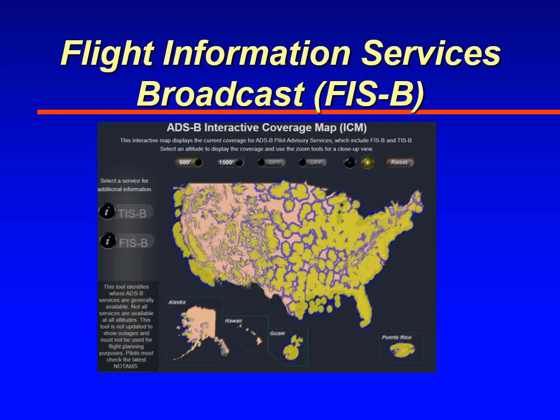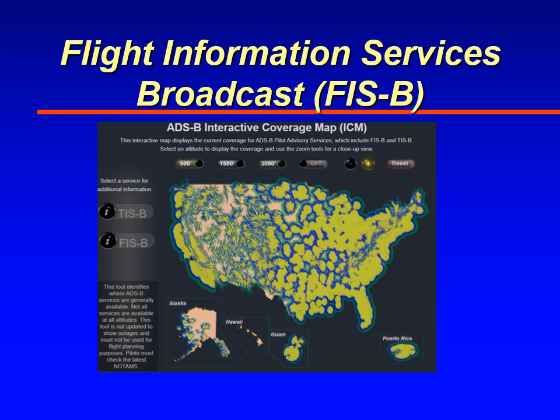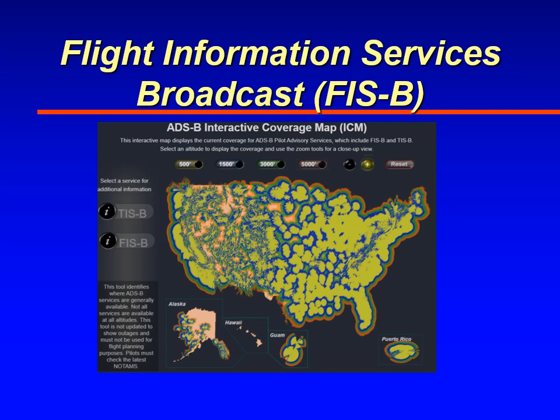Here is the FAA's network all across the United States. They have transmitters all across the U.S. providing FISB and also TISB for traffic information. What they have at their website is a display or a map of the service volumes of their ground transmitters.